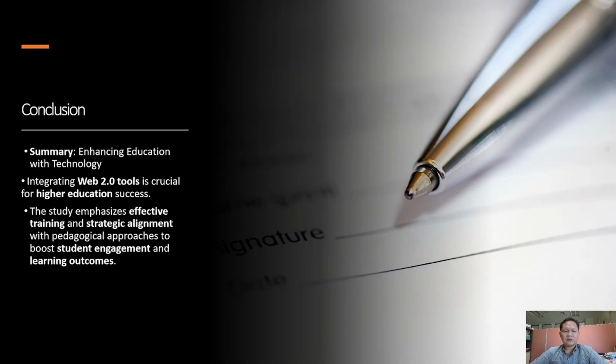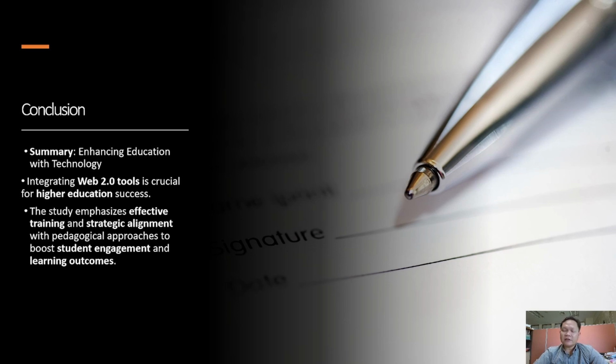Yes. So this is a conclusion here. Enhancing education with technology, we are trying to do that. We cannot just live alone without technology. Technology is emerging and rapidly improving its capability, especially now in the age of AI, generative AI in our education.